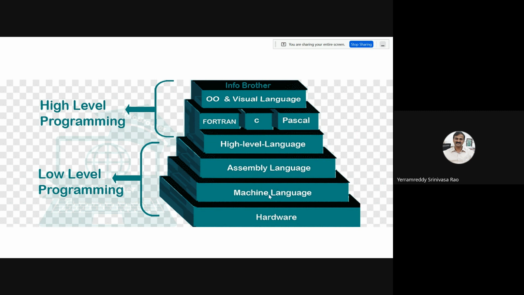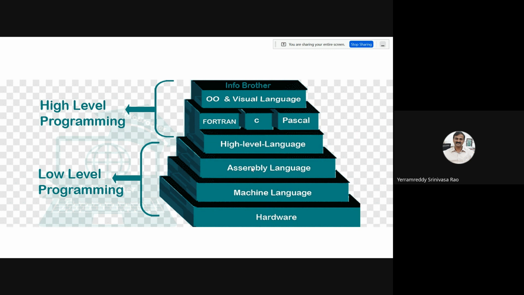On top of it, since it is difficult to remember zeros and ones, like your vehicle numbers, your Aadhaar numbers, your bank account numbers, it is very difficult. Since binary is difficult to remember in all sorts of combinations and commands, people have developed a language called assembly language on top of it.